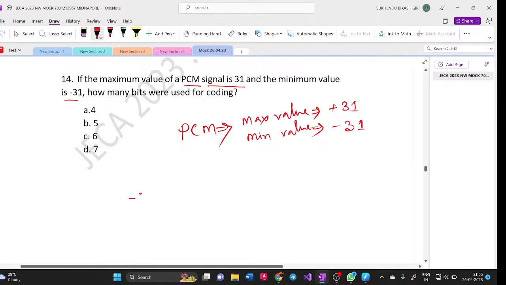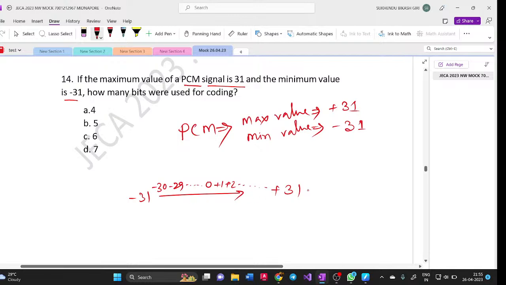That means minus 31 to plus 31. So minus 31, minus 30, minus 29 and so on to 0, then plus 1, plus 2 and so on.